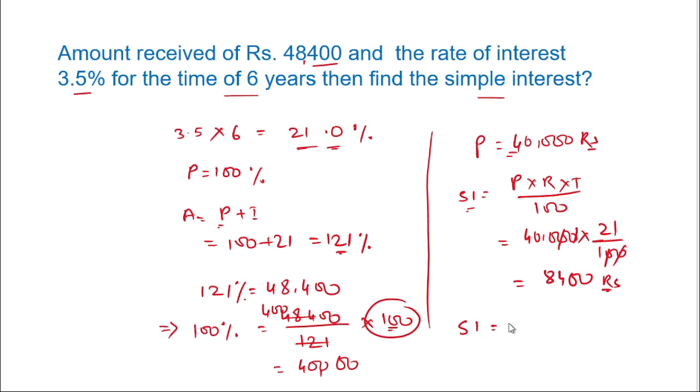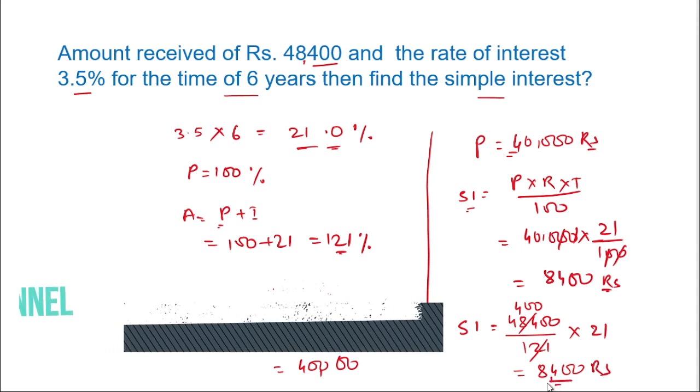We'll put the value of 48,400 divided by 121, and we'll put the value of interest, that is 21, in place of 100%, that is 4 times 400. 21 fours are 84, 20 in rupees. So 8,400 is the simple interest.